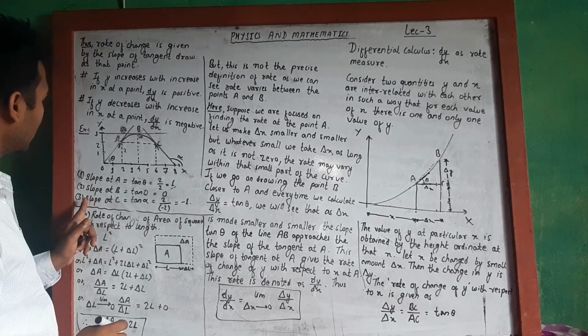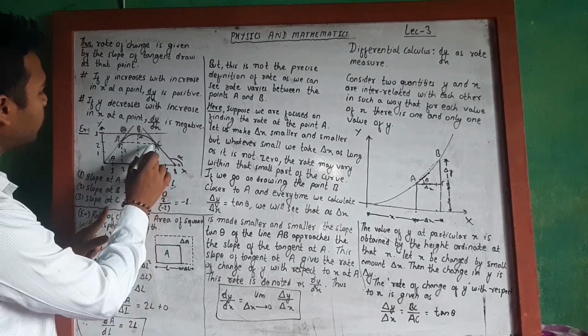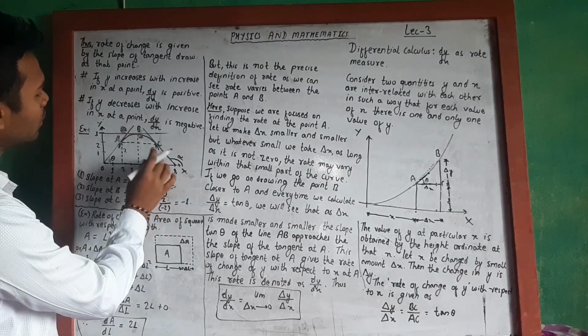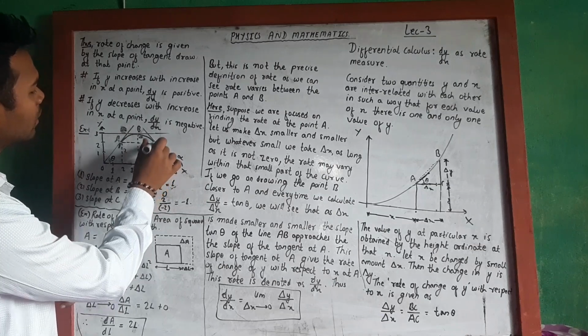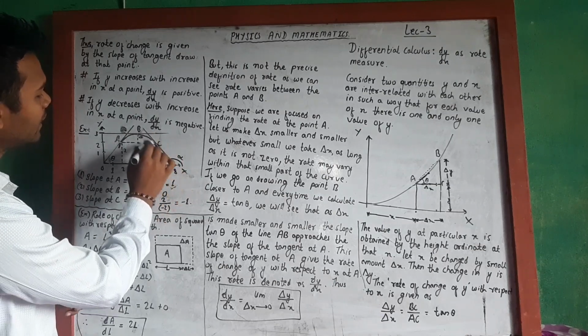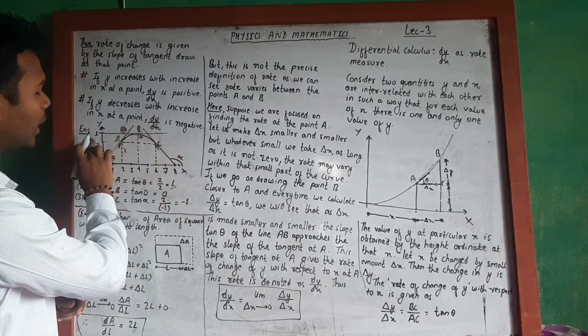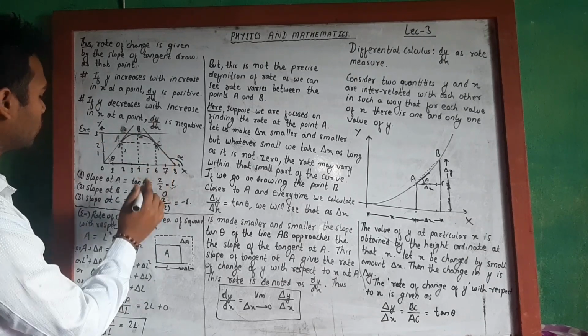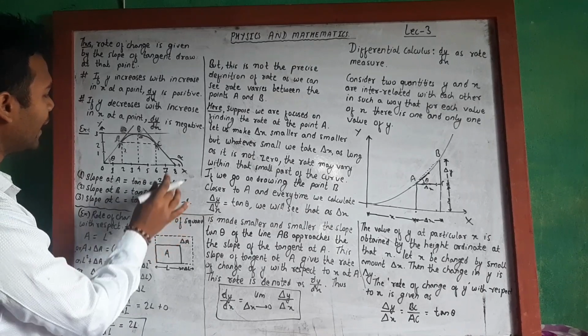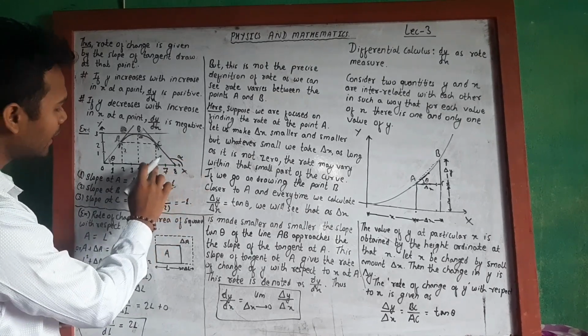Again, let's come to the point C. At point C, to find the rate of change we have to find the slope of the tangent at C. Here y is positive 2 units, and x is in this direction negative 2 units.